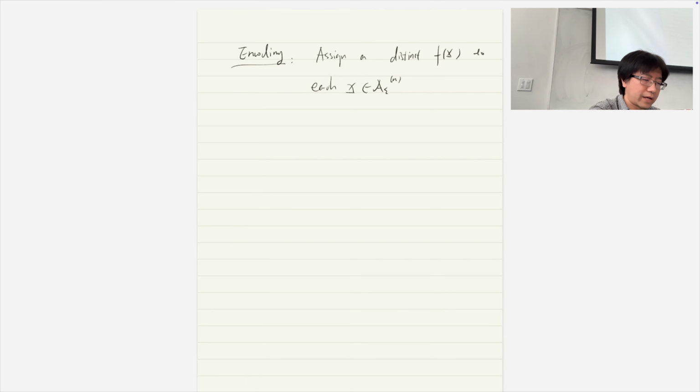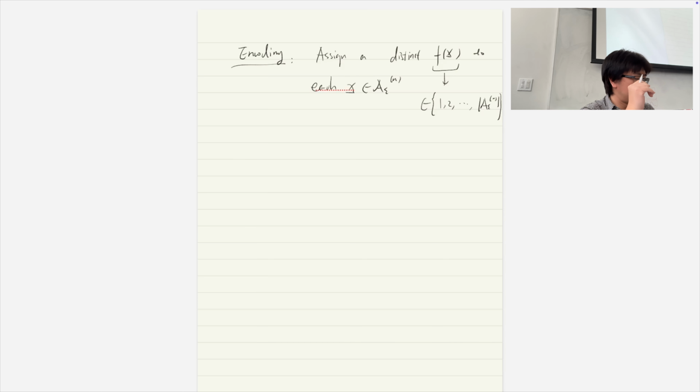This f(x) would be nothing but the indices from 1, 2, up to the cardinality of the typical set. So that's how I do the encoding. So assign everything in the typical set an index, and then we're going to just transmit this index.